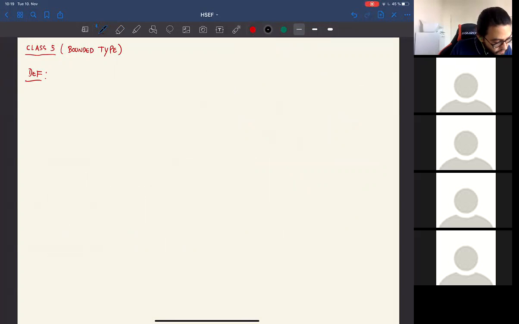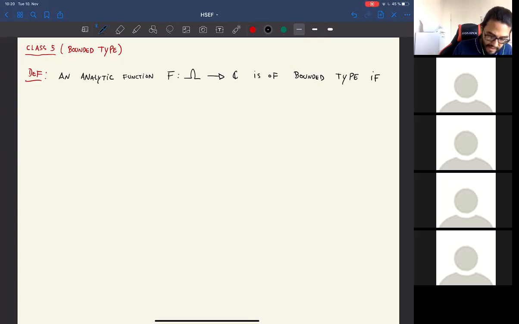Any analytic function f from some region Omega to the complex plane, we say that it is of bounded type if you can write this function f as a quotient P over Q, where P and Q are analytic functions and bounded.